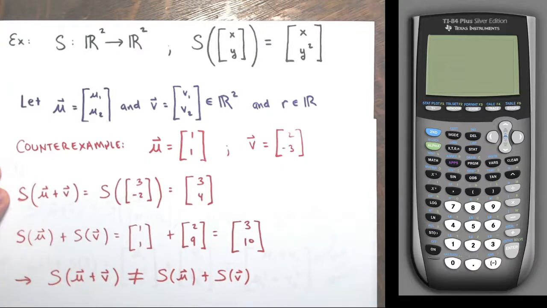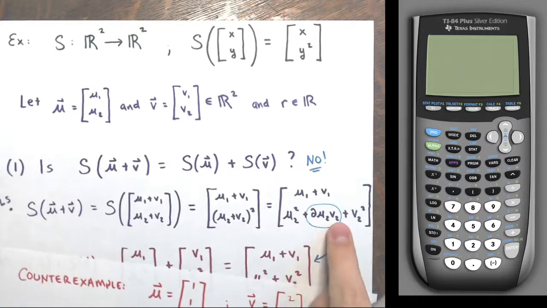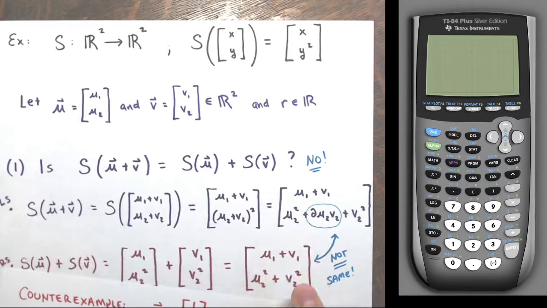Vector addition is not preserved for all u and v in the domain, belonging to R2. Some of them will, right? This will be equal for some of them. Like I said, if u2 or v2 are equal to 0, then these will be equal because you'd have just u2 squared plus v2 squared.